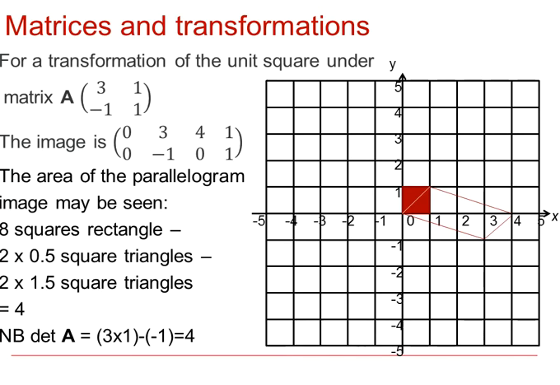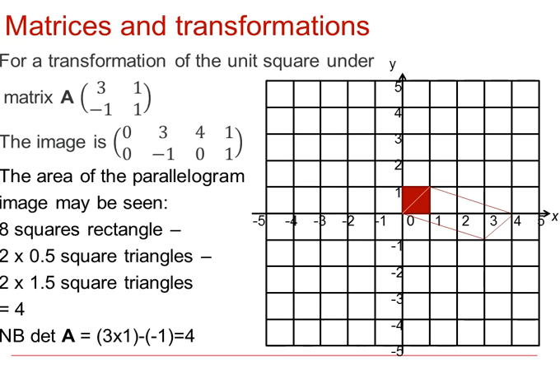The area of the parallelogram image can be seen as an 8 square rectangle, take away 2 times the small 0.5 square triangles, take away 2 times the 1.5 square triangles. If you look at the whole outline shape and then take away the pieces around the edge, this gives an overall area for the parallelogram of 4 units.